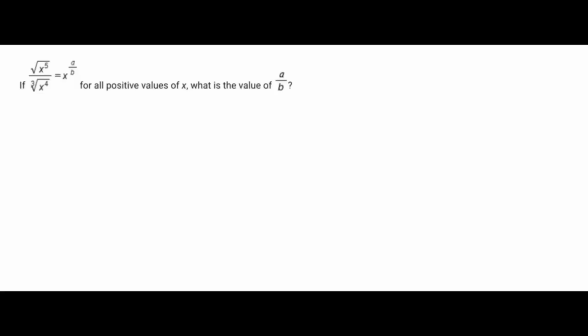If the square root of x to the 5th over the cube root of x to the 4th equals x to the power of a over b for all values of x, what is the value of a over b? So first off, for both of these radicals, we can simplify and rewrite them.